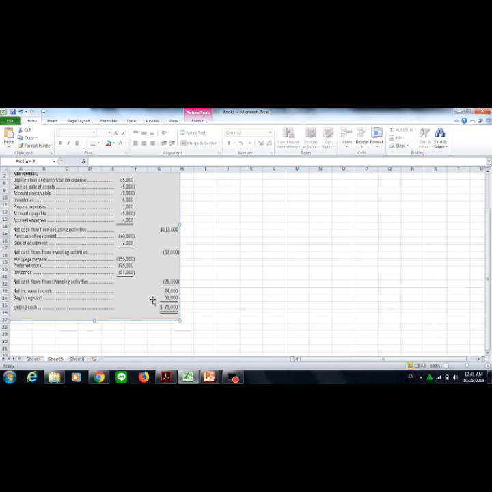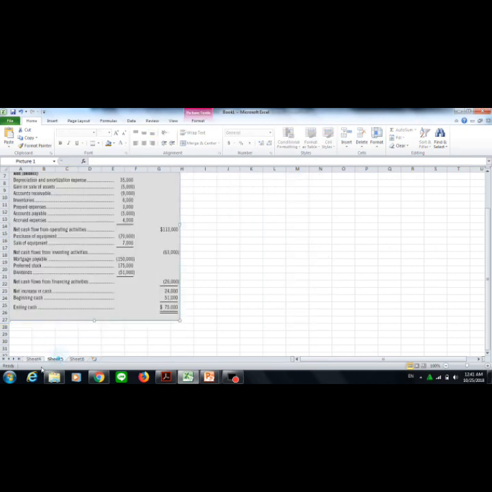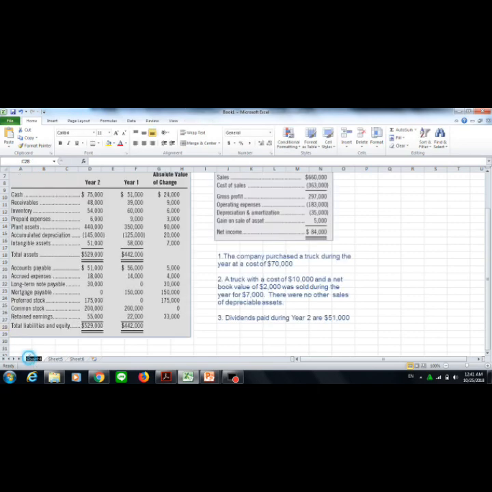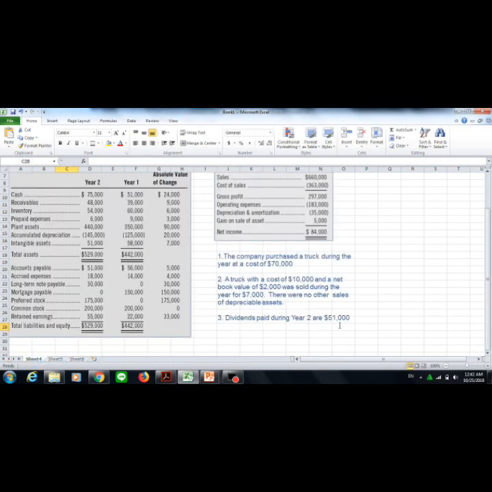Move on to the financing activities. We got here mortgage payable 150,000, preferred stock 170,000, 75,000. Dividend is 51,000. Actually, this dividend we can get from this retained earning and net income.